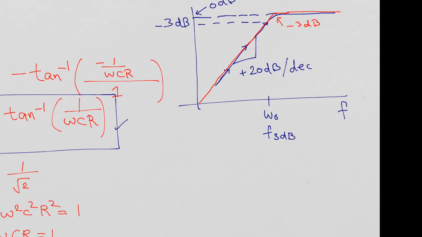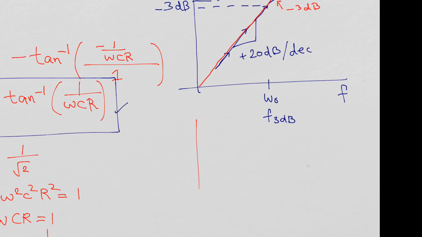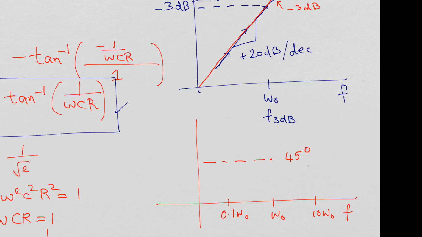Now if you plot the phase with respect to frequency, we have omega naught, then 10 times omega naught, and 0.1 times omega naught. At omega naught you will get 45 degrees, but this will be plus 45 degrees for the high-pass filter.